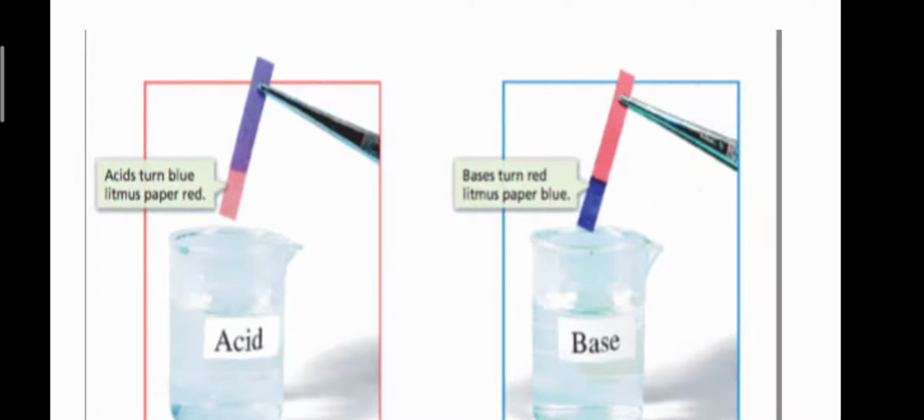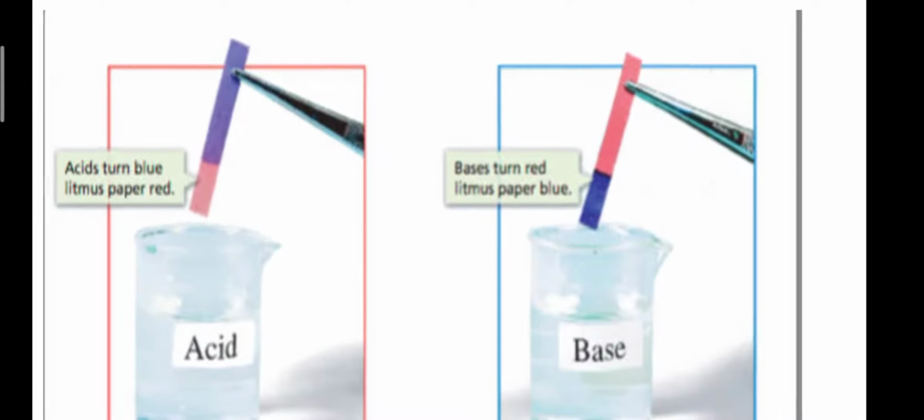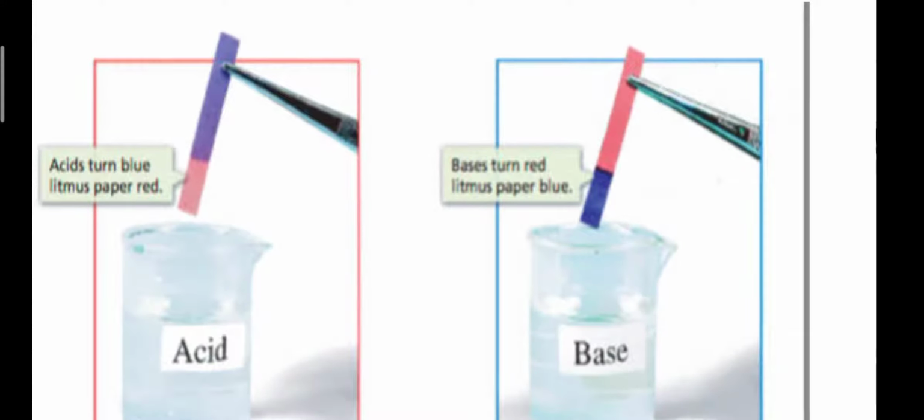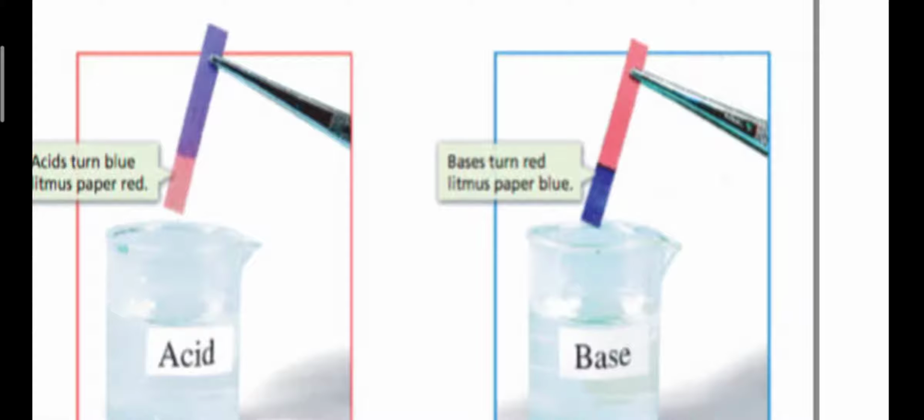Acids turn blue litmus paper red and bases turn red litmus paper blue.